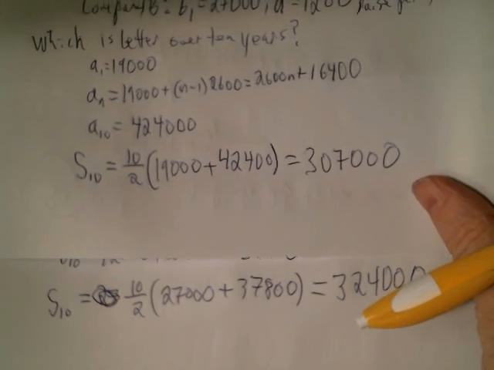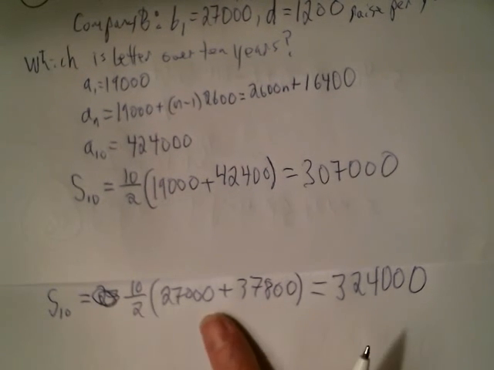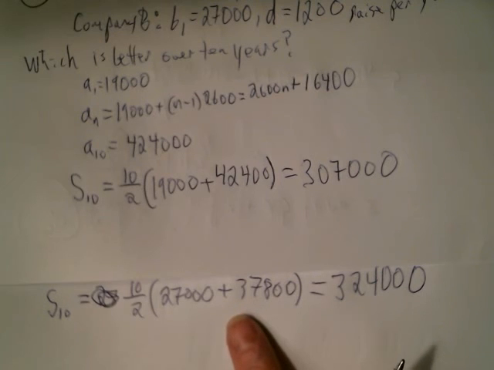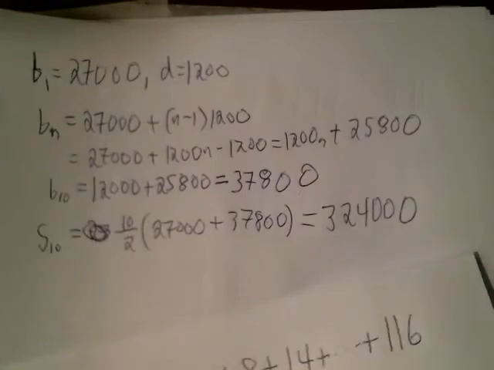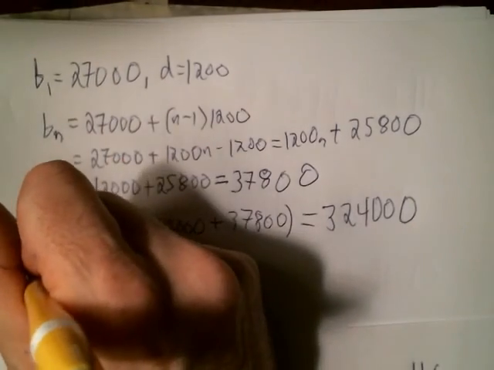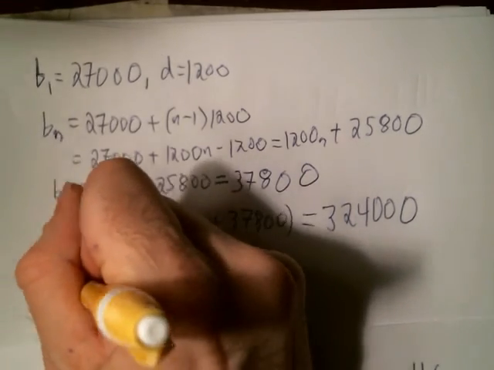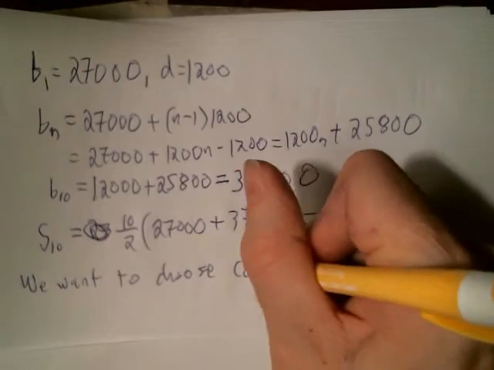So you can compare the amounts, and obviously you want to go with company B. It seems like you're not getting as big of a raise every year, but in the end, it's going to come down to a bigger amount. So we would want to choose company B.